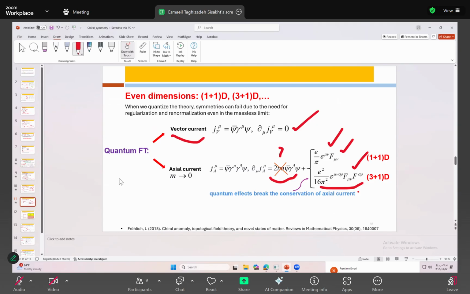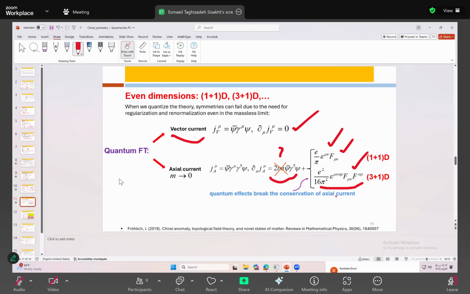When we can define the gamma 5 chiral operator, then it is shown that we attribute a kind of unusual source of current in the massless limit of the Dirac theory, and it is called the anomaly current.